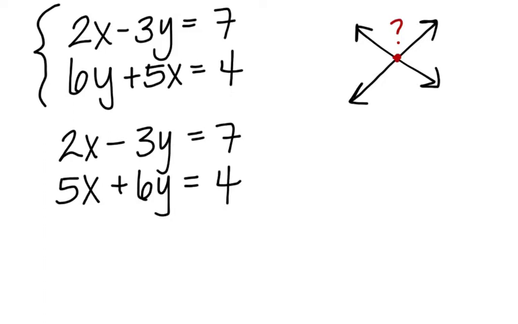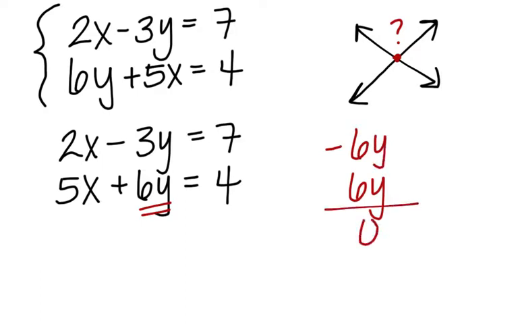That's because if you look at the second equation, we have a term that has 6y. If we wanted to eliminate that term, then we would need the top equation to contain a negative 6y, so that we would add these two together and they would subtract out and leave us with 0. So I'm going to need to multiply my top equation.